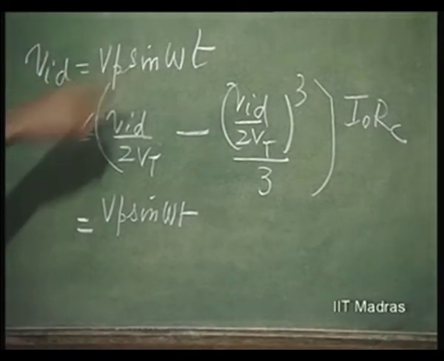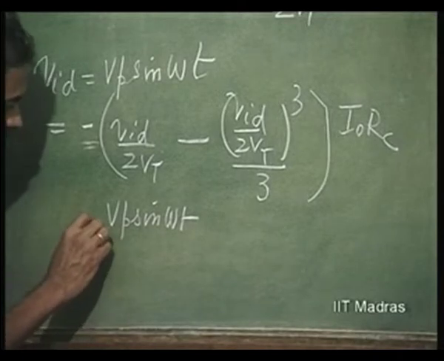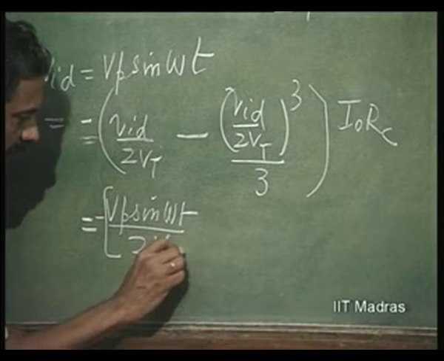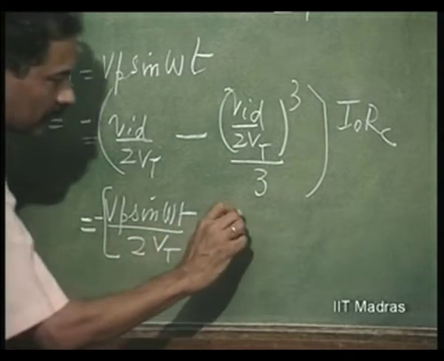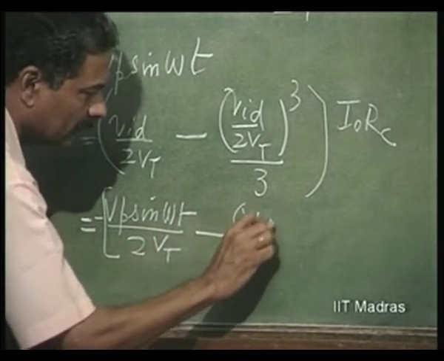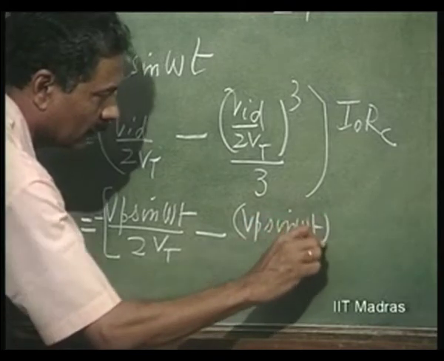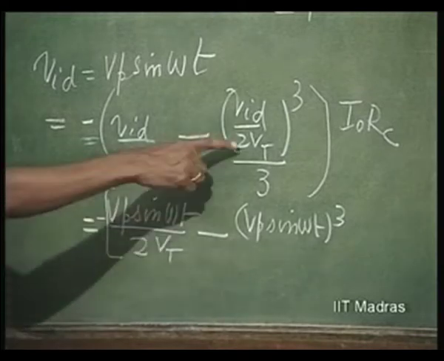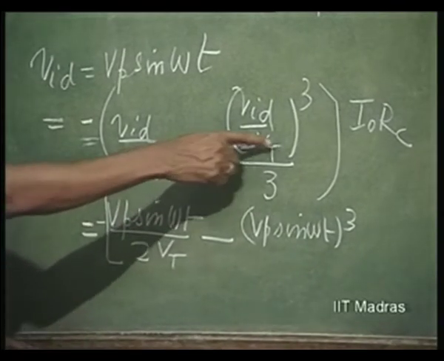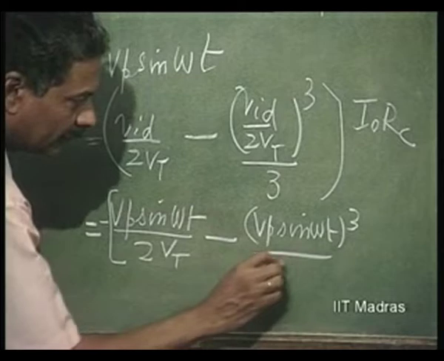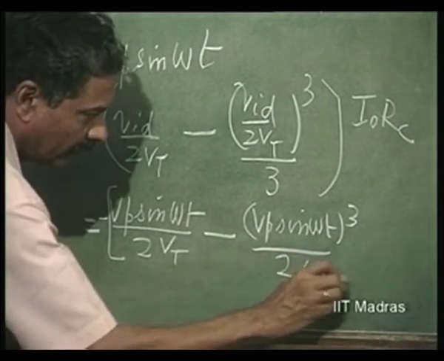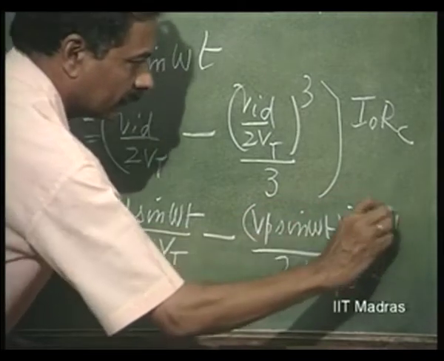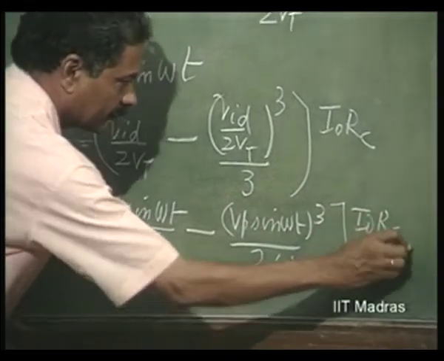If VID is Vp sin omega t, this is going to be minus Vp sin omega t divided by 2 Vt minus Vp sin omega t whole cubed, that is VID. This will be 8 Vt cubed, therefore, this will be 24 Vt cubed. This into I naught RC.